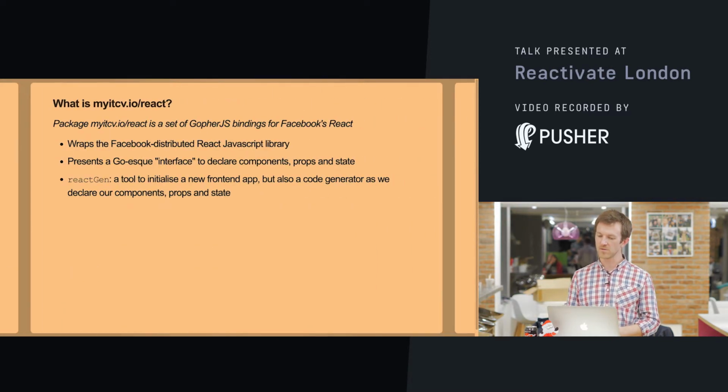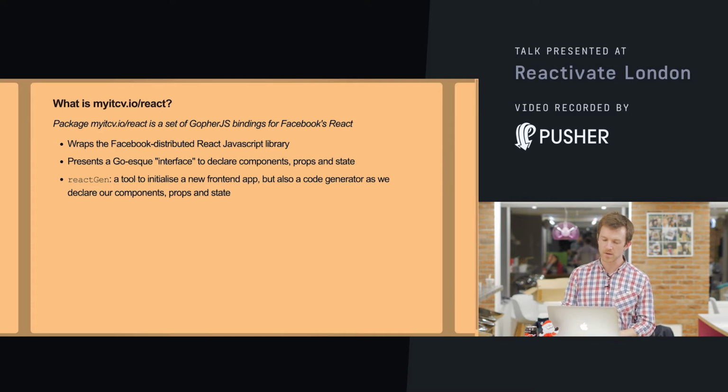So as I said, it's a set of Gopher.js bindings for Facebook's React. It wraps the JavaScript library that Facebook distributes and presents this Go "interface." And I use interface in quotes there because an interface is actually a thing within the Go language. So by interface, I mean just how one interacts with something.